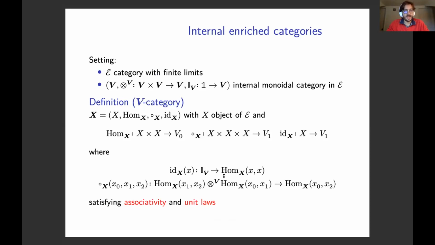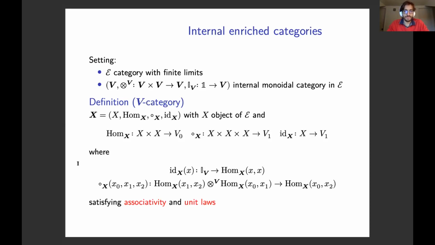Then we define a category enriched in the monoidal category V as given by an object E of the ambient category and equipped with a hom set, a composition, and an identity, where the composition and the identity have the expected signature if we write them in the internal language.